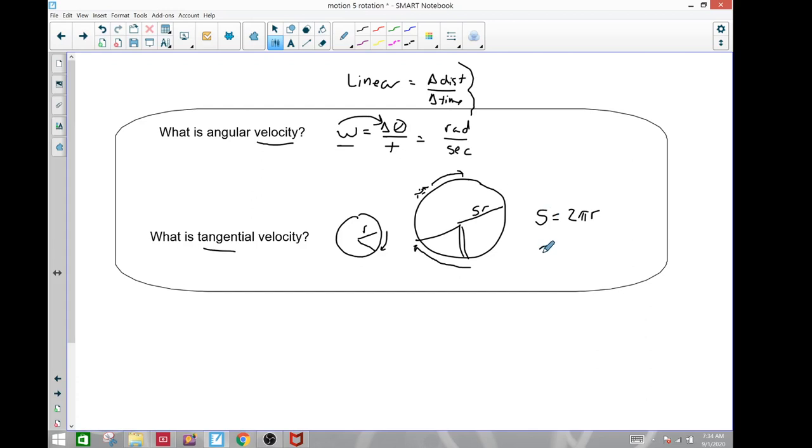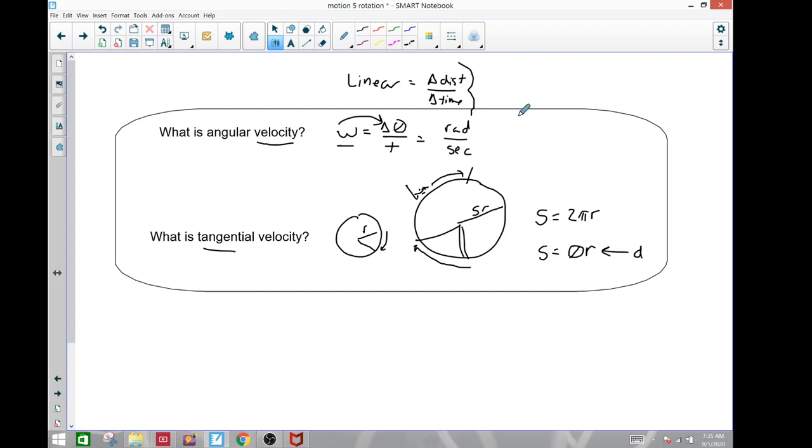So let's say distance equals the amount of theta that you go around times r. This is the actual distance that you're going to travel. I don't know how much the wheel rotated around, but we could say it traveled one time around. That's fine.